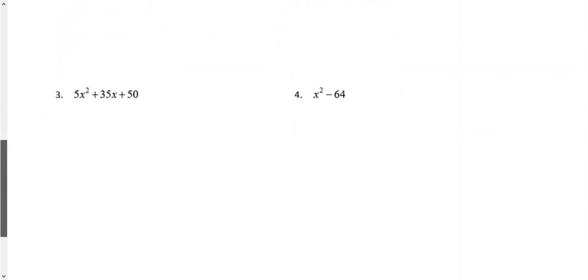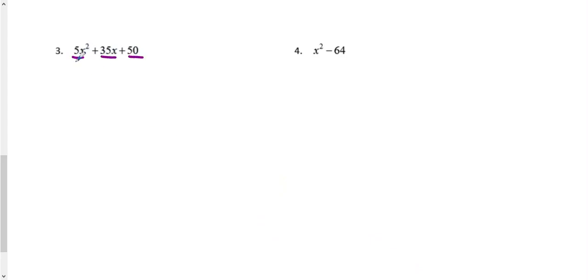Let's look at the third one. So first, I always want to look for a GCF. So in this case, I can divide all of them by 5. And this is why a GCF is so important. I write it on the outside. 5 divided by 5 leaves me with just x squared.